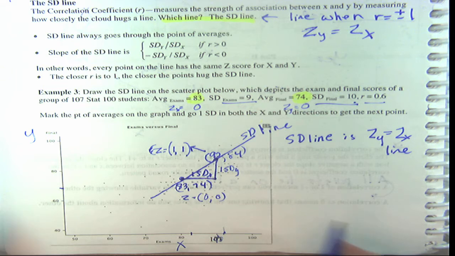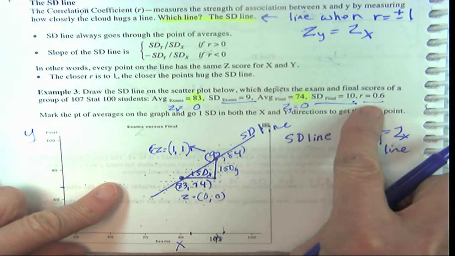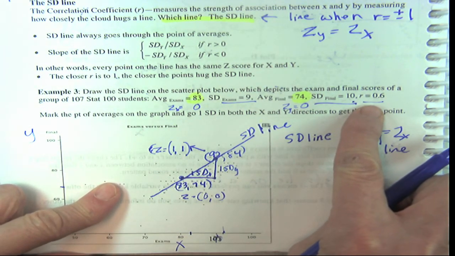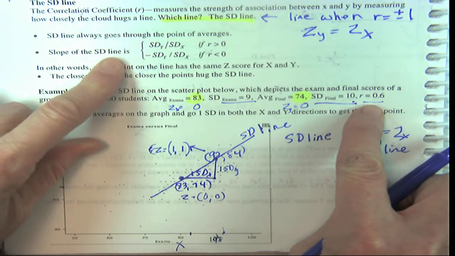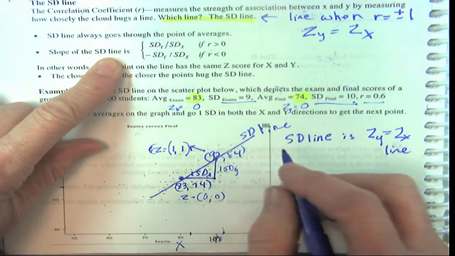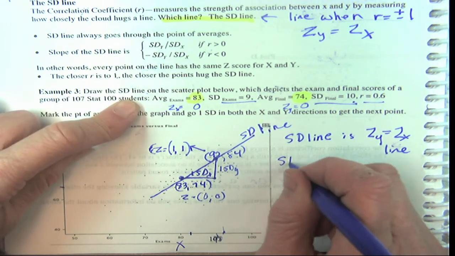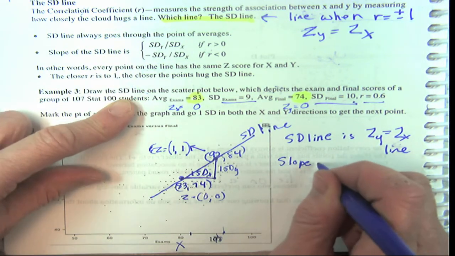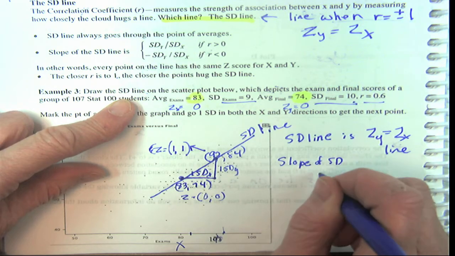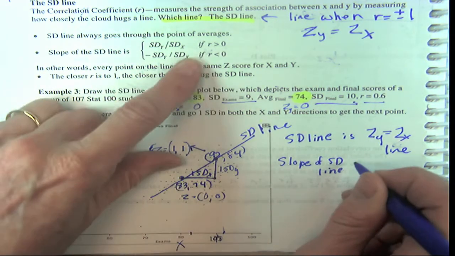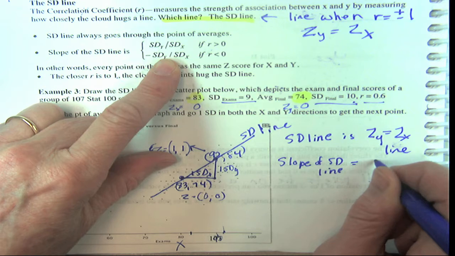Let's think about it. All right, she says, so what does this R equals 0.6 mean? Well, the slope of the SD line is what? It's 1 in standard units. Slope of the SD line. In this case, it's positive.